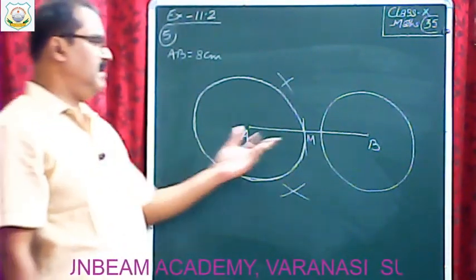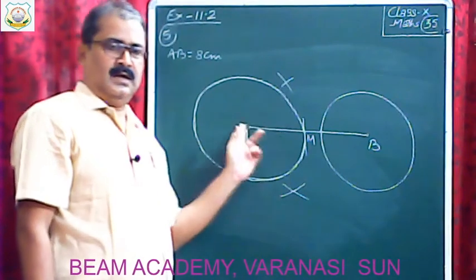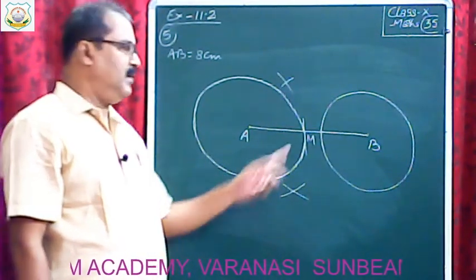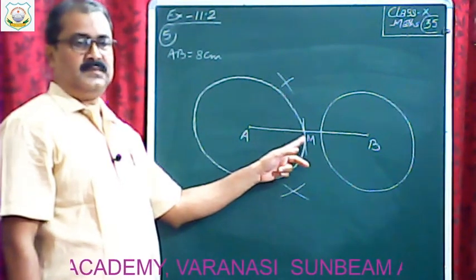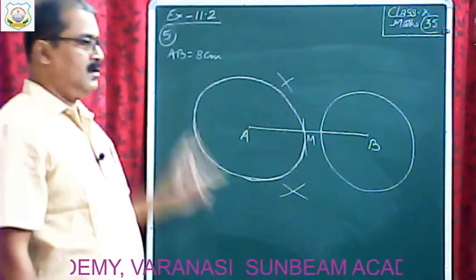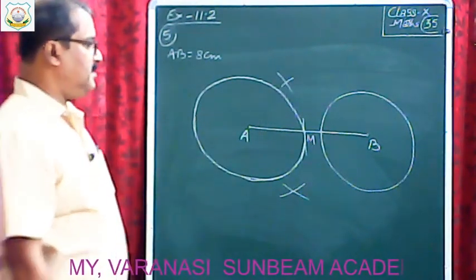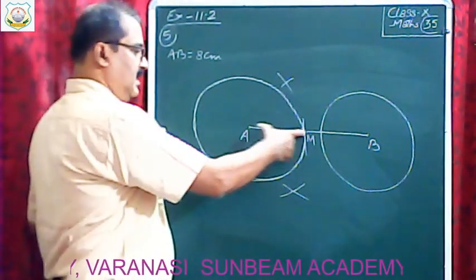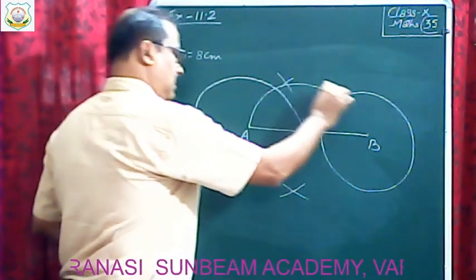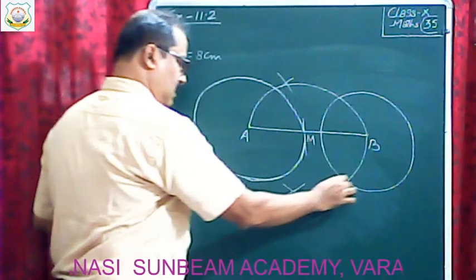The radius of the bigger circle is 4 cm and the length of AB is 8 cm. So obviously the midpoint lies on the bigger circle. That's why M lies on the bigger circle. And thereafter, with M as center and AM as radius, draw a circle intersecting both the circles.